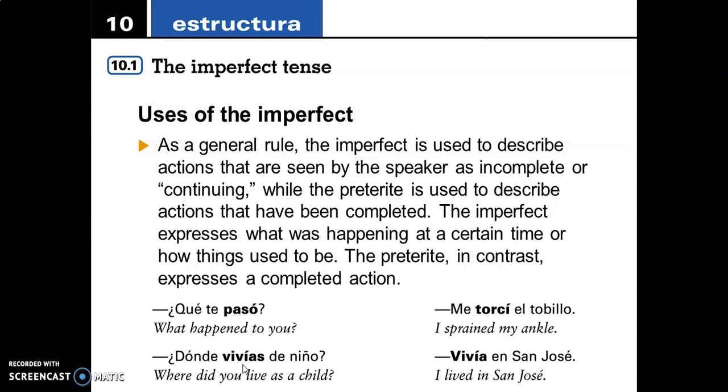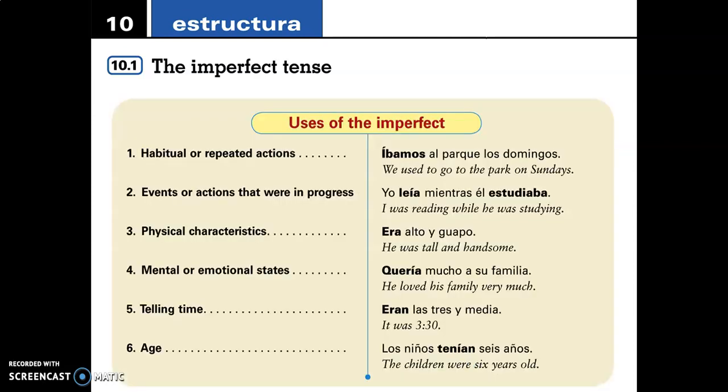We don't know exactly the time, beginning or end. We're just asking in the past. So when you see de niño, as a child, it's just referring to the past, but not a specific point in time. And then you might answer, vivía en San José. I lived, or I used to live, in San José. Again, describing something going on in the past. So let's look at some other uses of the imperfect tense.